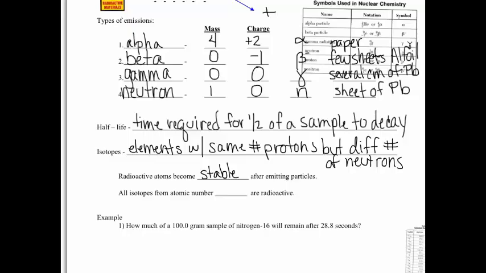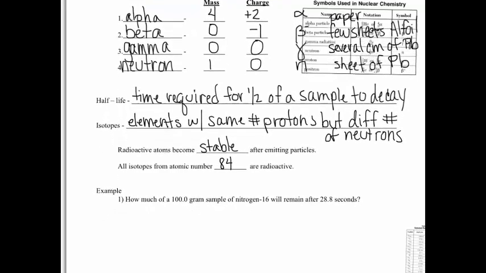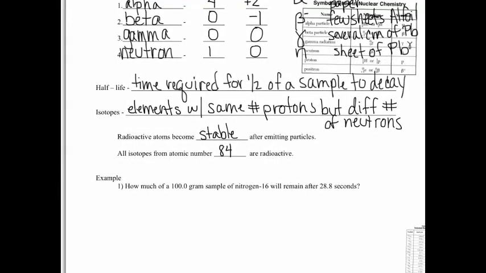All isotopes above number 84, including number 84, are radioactive. So you may have noticed earlier in the year that Mrs. White isn't talking about those that are above number 84, and that's because they're radioactive. And I don't want you to ever get confused about the difference between chemical and nuclear reactions. You can't change one element into another chemically, but it can happen in a nuclear reaction, which we'll talk about shortly.